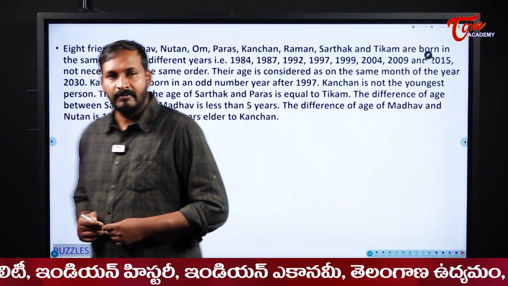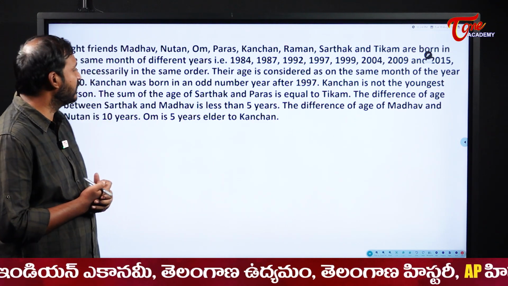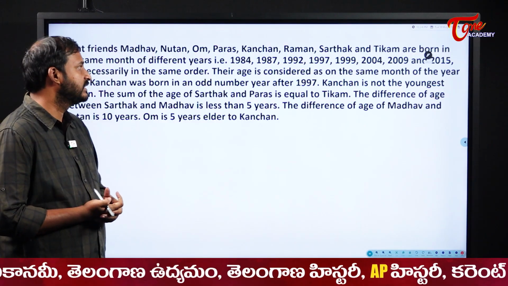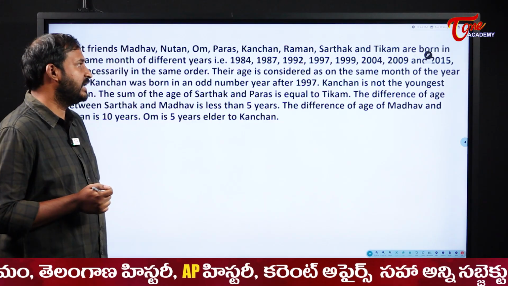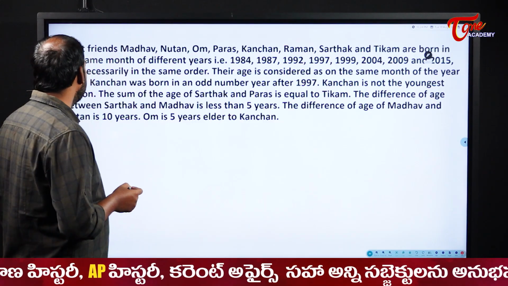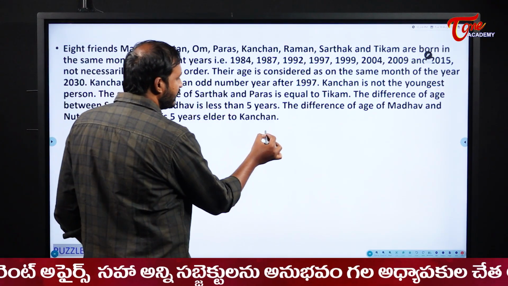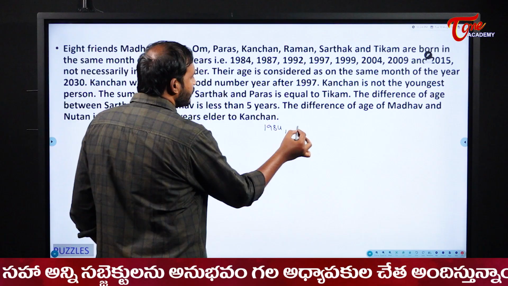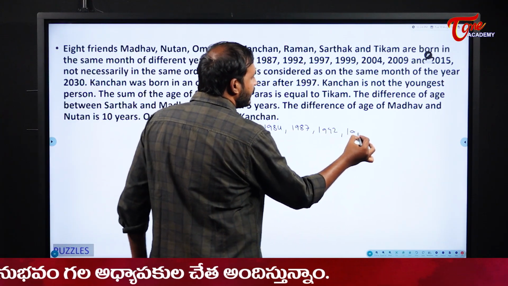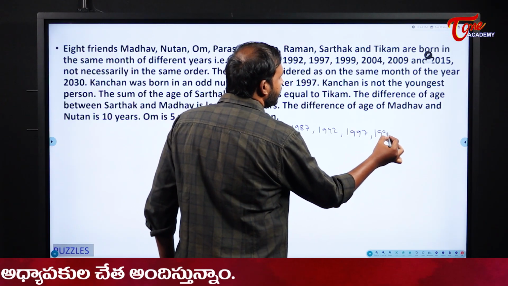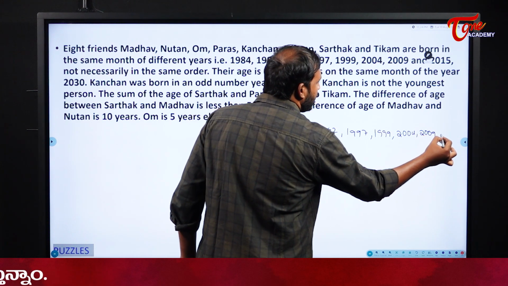Now, 8 friends, Madhav, Nutan, Om, Paras, Kanchan, Raman, Tilagu were born in the same month of different years, not necessarily in the same order. Their age is considered as on the same month of the year 2030. They are born on different years: 1984, 1987, 1992, 1997, 1999, 2004, 2009 and 2015.